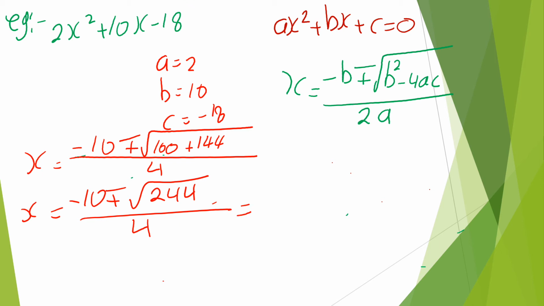Right, so now you can either simplify the square root of 244, because 244 comes from 61 times 4, and 4 is a square number, so you can take it out of the square root.